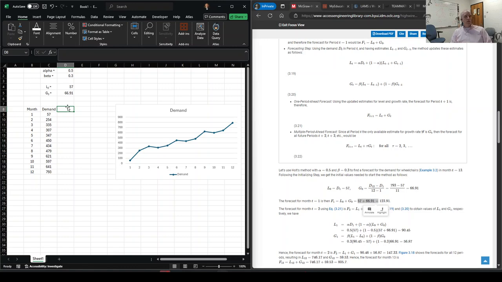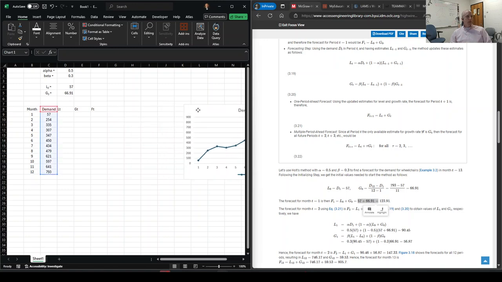But we're going to have to do this for every month. So I'm going to create a field here for our base level demand, and a column for our trend, our growth trend. And adding those together is going to result in our forecast.